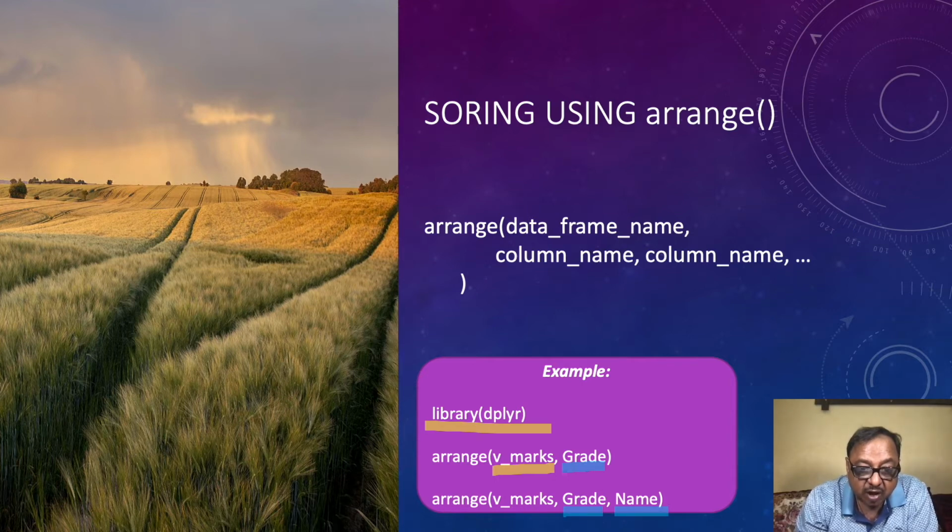So first it will be sorted by grade, and after that sorting by grade, the data will be sorted by name. So like this, I could have given more columns. Similarly, let's say the grades have to be sorted in the descending order. So I can say DESC grade, and then I can give the second column by which it has to be sorted. So now let's head to RStudio and see this all in action.